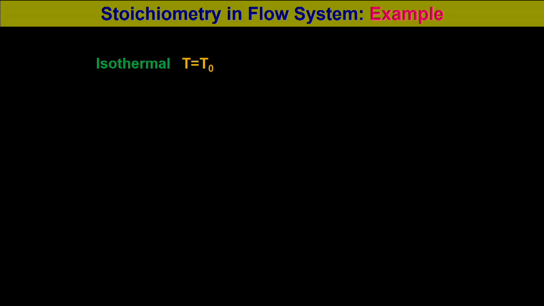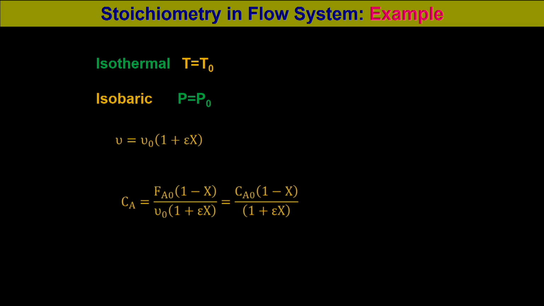Now, the system is isothermal, T is equal to T naught, and isobaric, that is P is equal to P naught. So, in this case V would be equal to V naught into (1 plus epsilon x), and Ca would be Fa naught (1 minus x) divided by V naught (1 plus epsilon x).